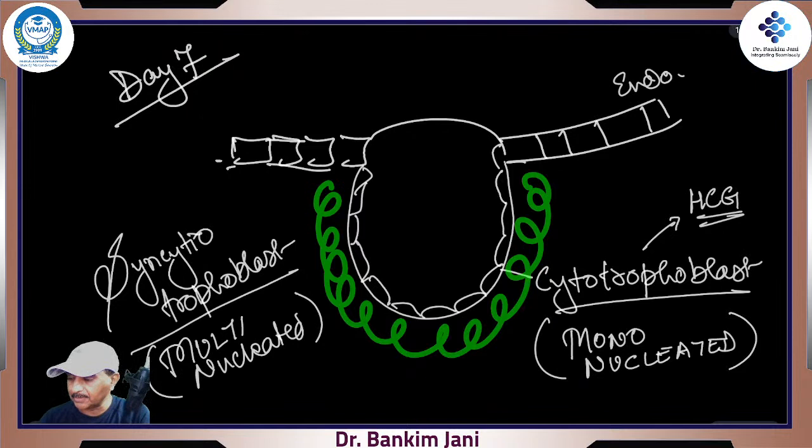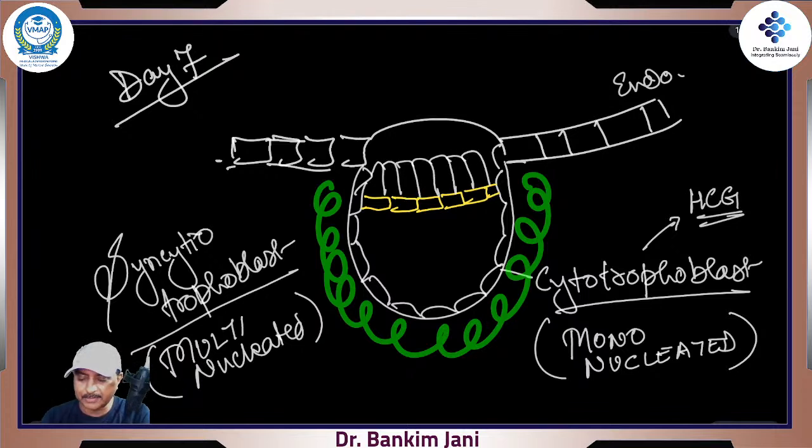now the game starts with the type of cells. We'll draw it like this. Say this is one group of cells, and there is another group of cells like this. That inner cell mass, which was the same type of cells, now looks like this.